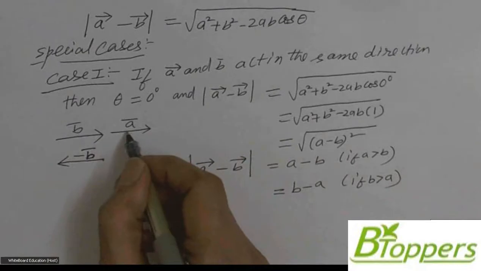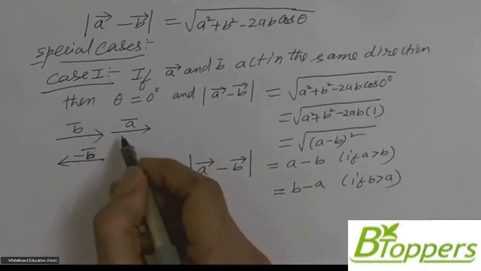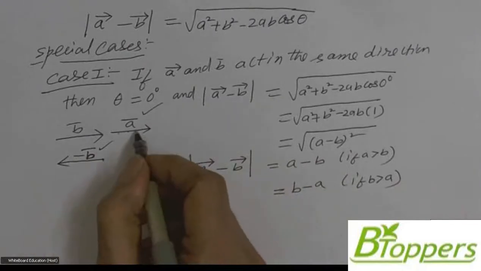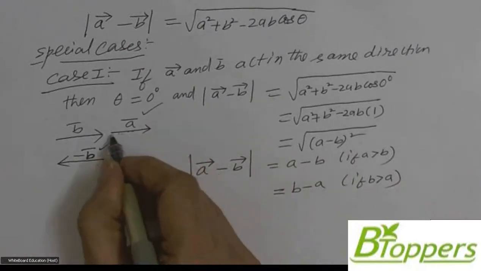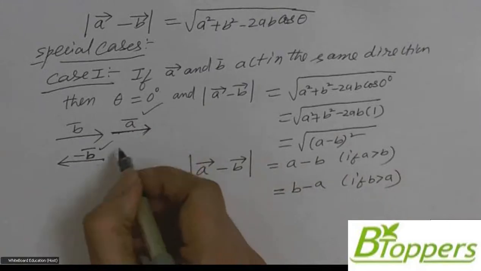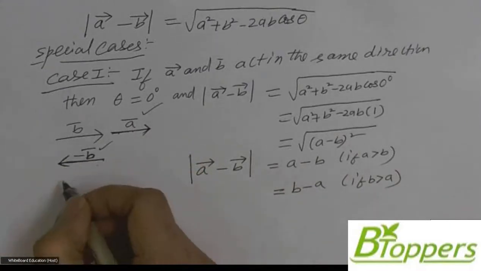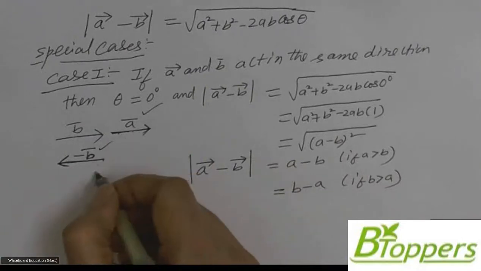It means if two vectors a bar and b bar act in the same direction, then vector a bar and vector minus b bar act in opposite directions.